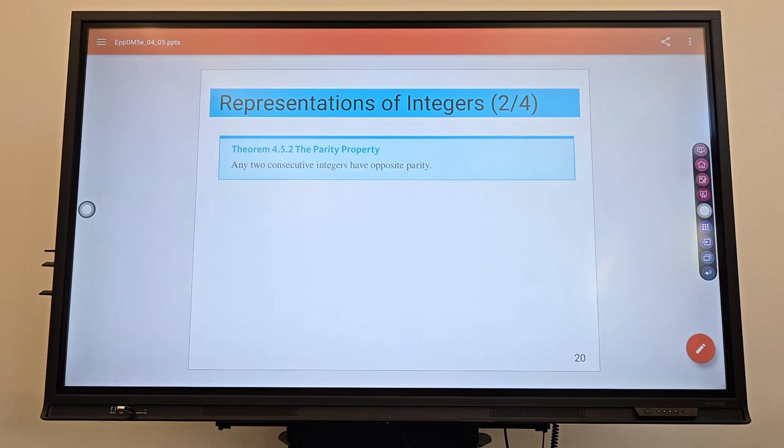The parity property. Any two consecutive integers have opposite parity. Is it odd or even parity? You run into parity also in communications.